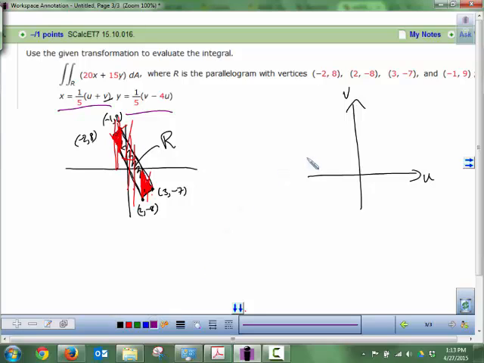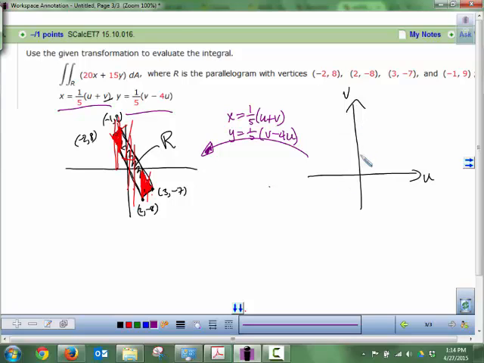And so there's a pullback relation that has x equal to 1/5 u plus v, and y equal to 1/5 v minus 4u. So with this, we will find our differential, but let's do that in a little bit.